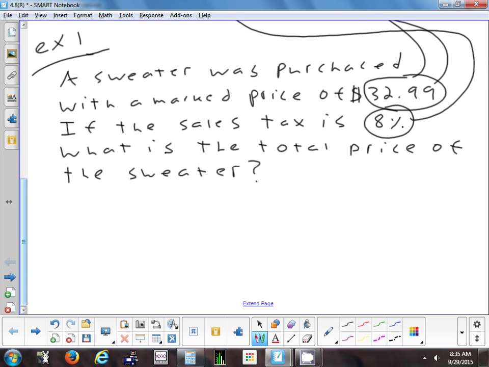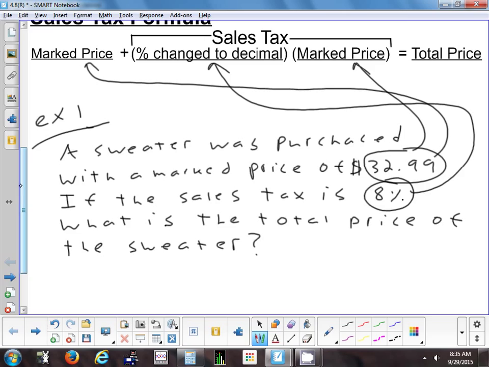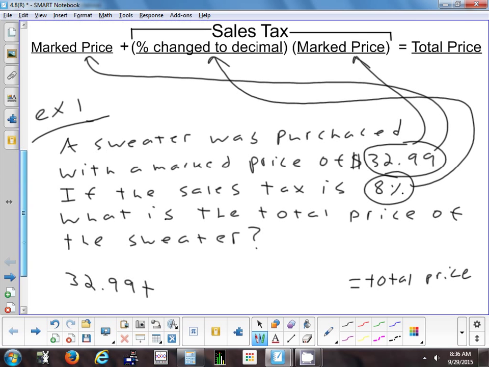Anybody think they can give me the whole equation on the left-hand side? And I'll just put equals. That's going to be your total price. Yep. All right, 32.99. That's good. Plus, in parentheses, 0.08. Yep.